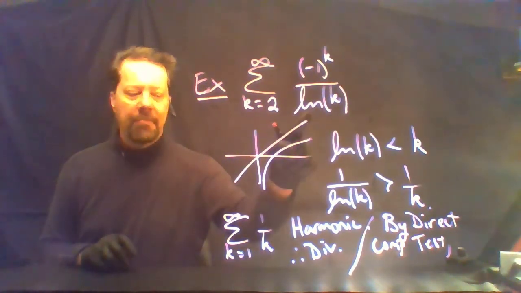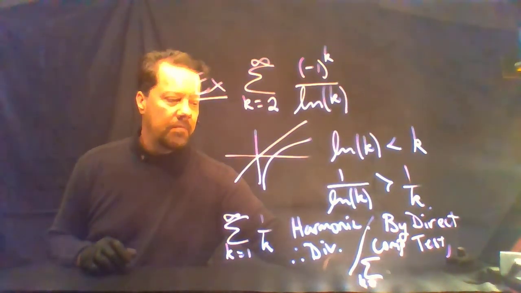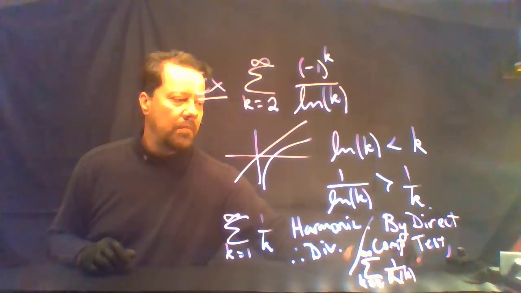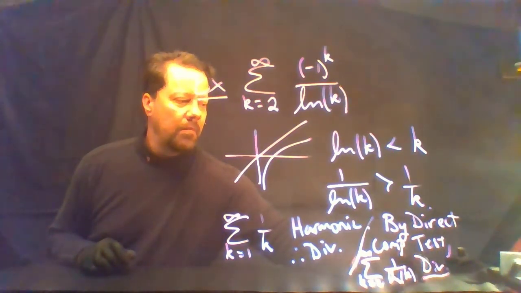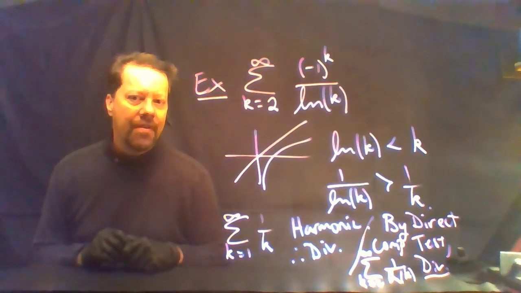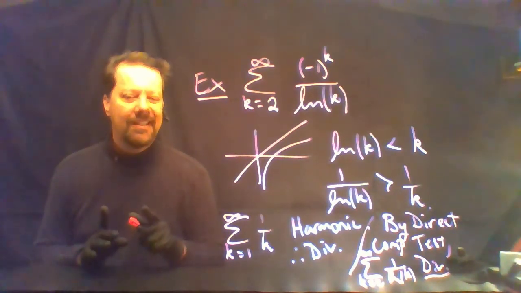The series of positive terms diverges. Since in absolute value the terms diverge, this series converges conditionally.